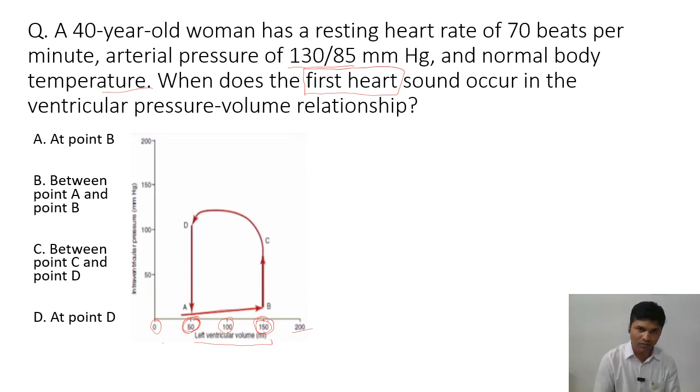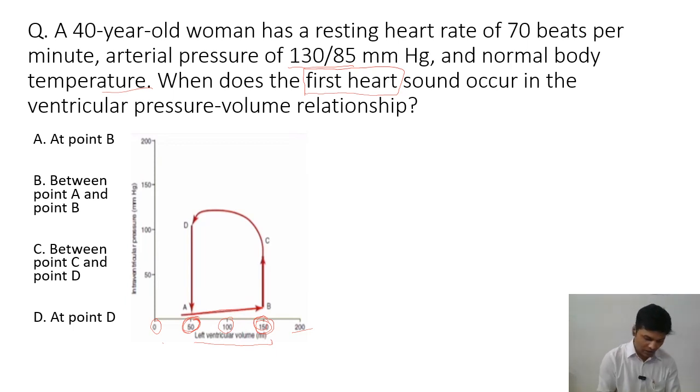This is called the end diastolic volume. So the end diastolic volume is 150 ml, where the ventricle is completely filled with blood and ready to pump. Now the ventricle will start contraction, or ventricular systole will start.